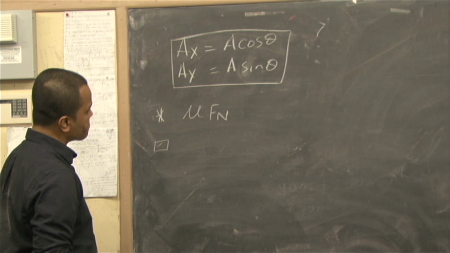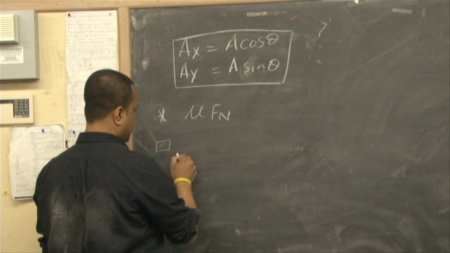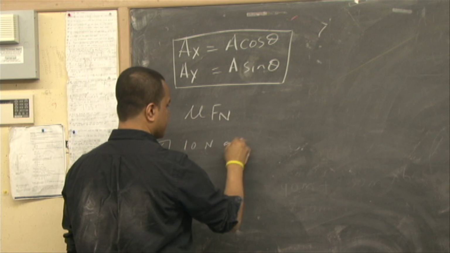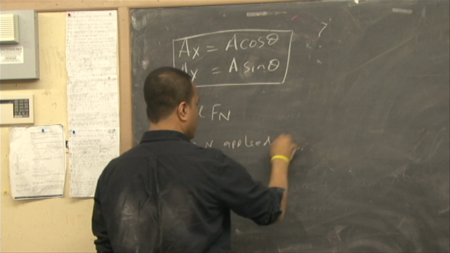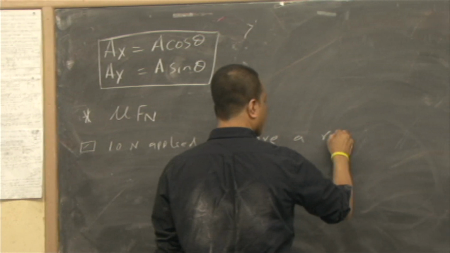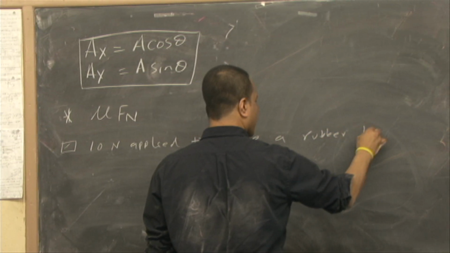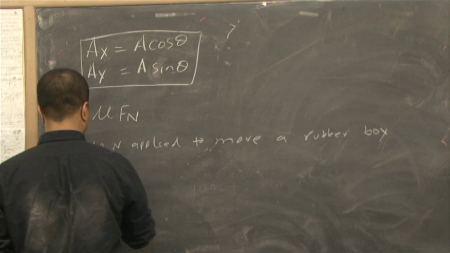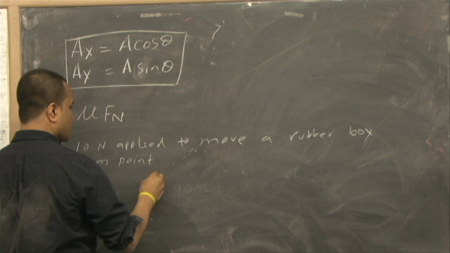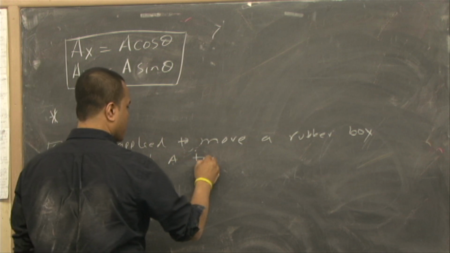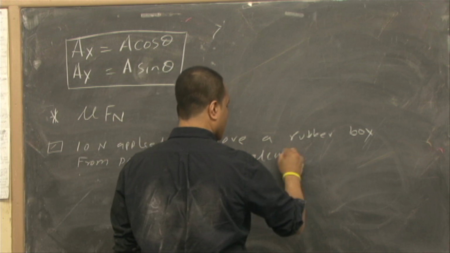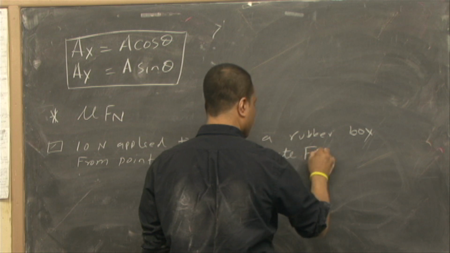So let's say a 10 Newton force is applied to move a rubber box from point A to B. Calculate the force of friction.